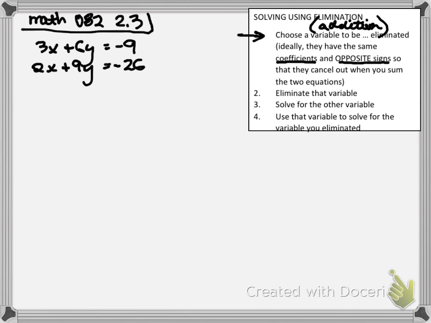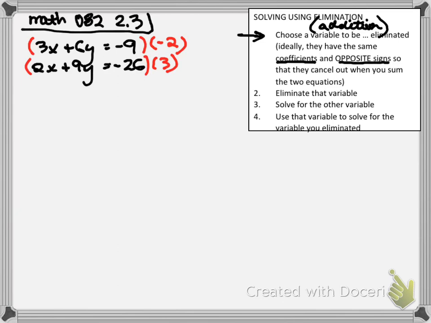So there's a few ways I can do this. One way, possibly the most obvious way, is if I multiply the first equation by -2, and I multiply the second equation by 3, right?